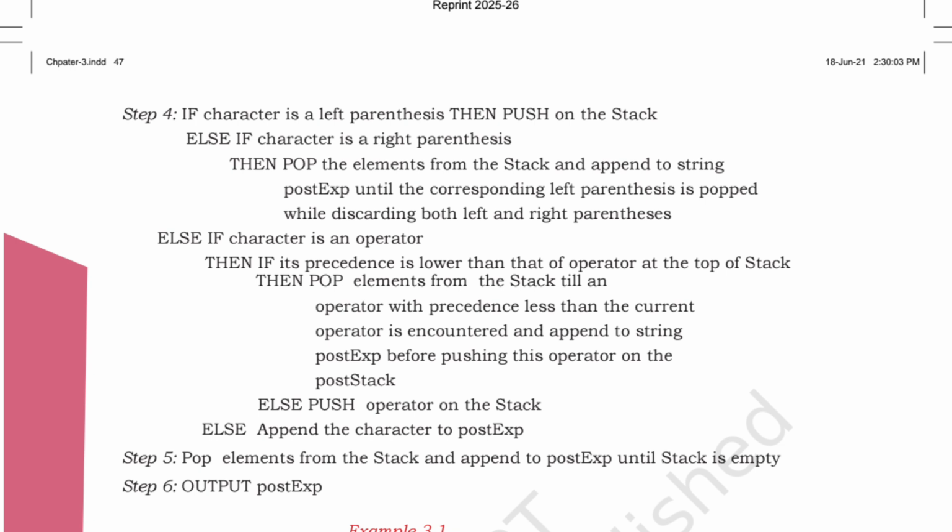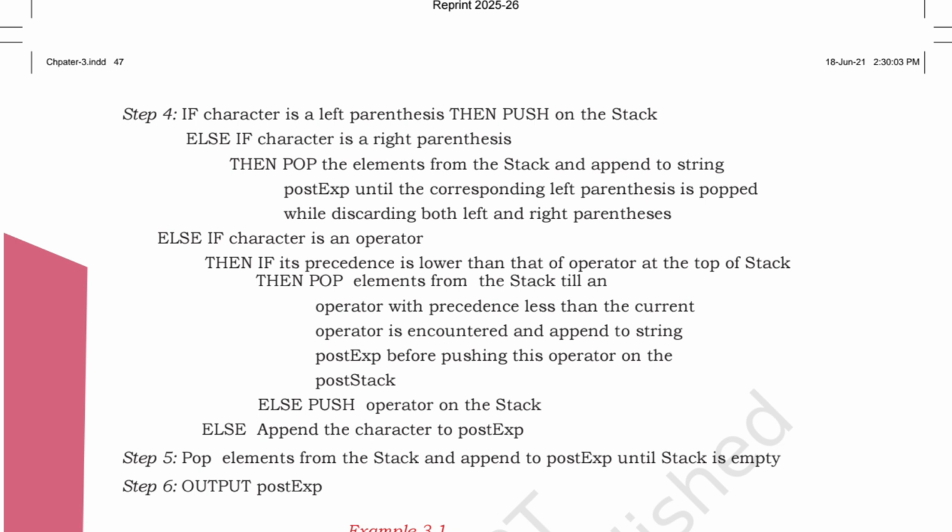Understood? Firstly, listen over here: you take a left parenthesis, then push it on the stack. Then the right parenthesis you have to consider, for which you take else if the character is an operator.